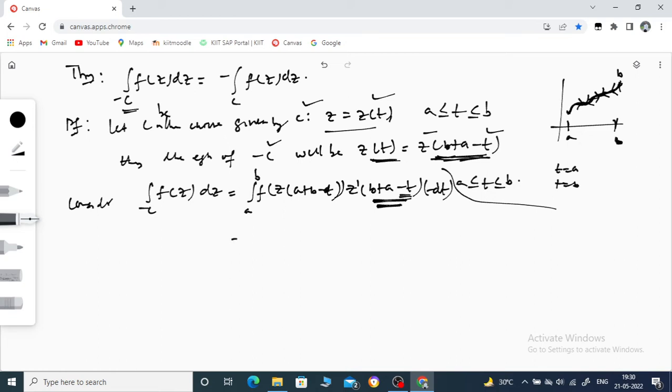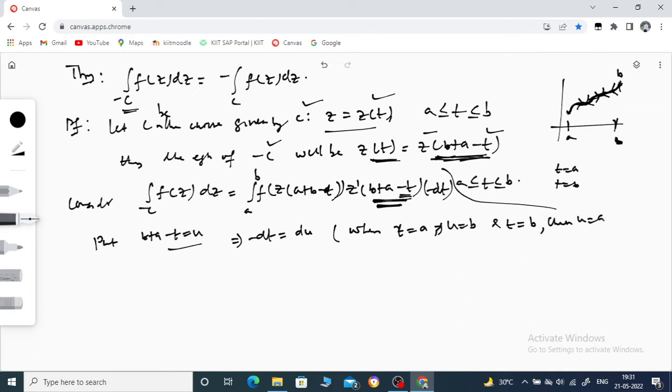Okay, so now we put b plus a minus t is equal to u. Then your minus dt will be du, and you see that when t is equal to a, u will be b, and when t is equal to b, then u will be a.